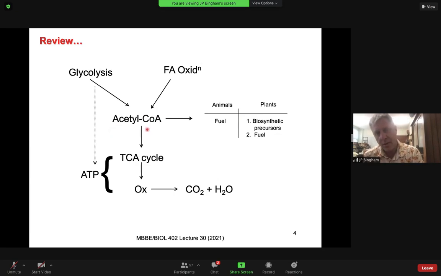Now, acetyl-CoA, depending on what type of organism you are, can also be utilized as a fuel source and a biosynthetic precursor source in plants, whereas in animals acetyl-CoA is mostly used as a fuel source. So again, depending on what you are, you can utilize this particular acetyl-CoA, and that's why we need a large amount of it in plants to produce a lot more different biomolecules.